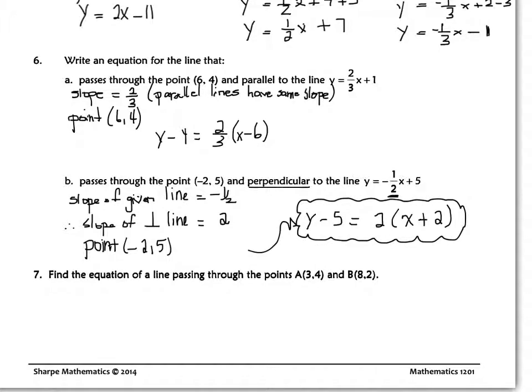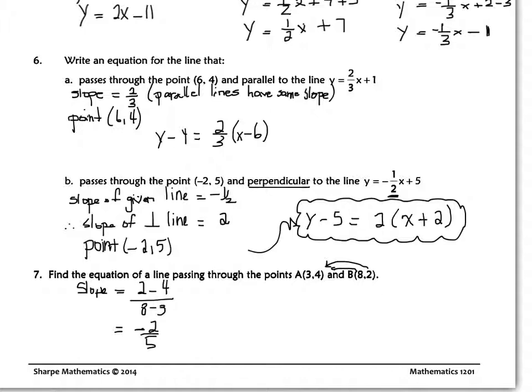And the last one asks you to find the equation of the line through these 2 points. Well, we need to find the slope first, because no matter what form of the equation we use, we need the slope. So the slope would be 2 minus 4 over 8 minus 3, and that's going to give you negative 2 over 5.